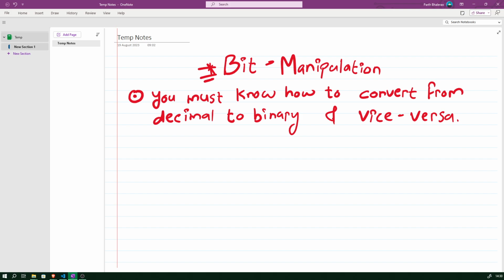I am not going to discuss these basics, that is, how we convert from decimal to binary. I think you should know this.